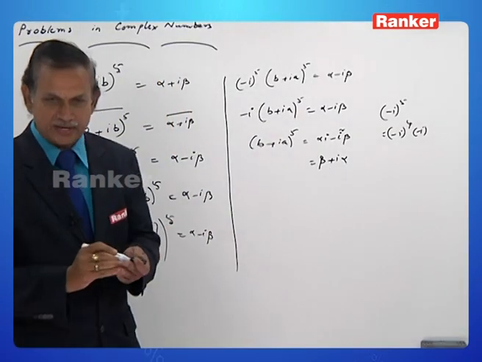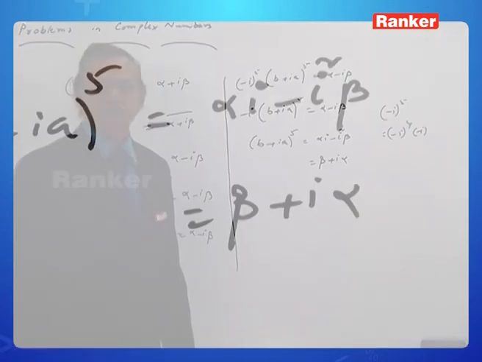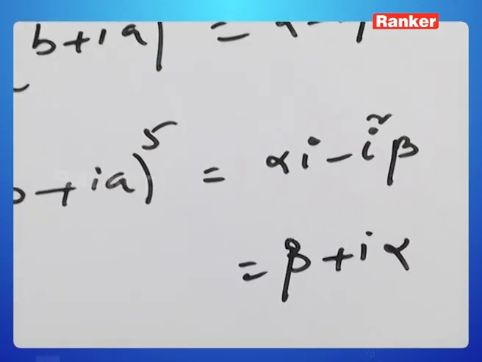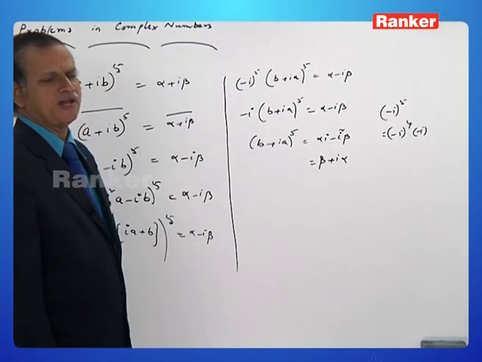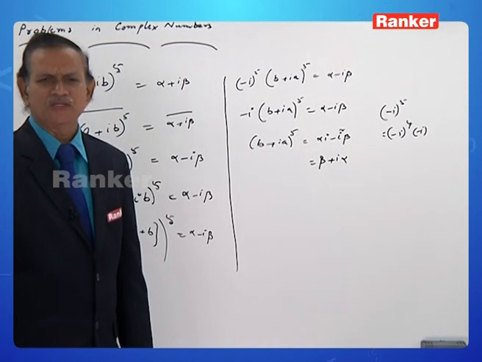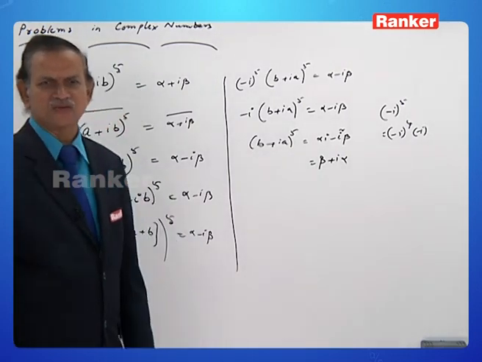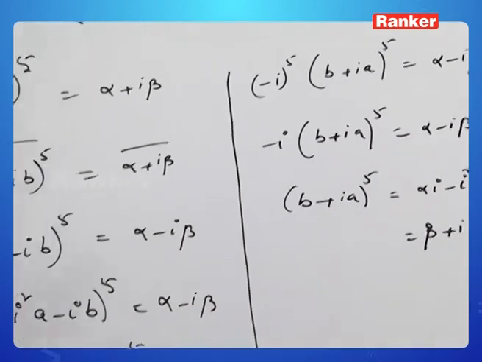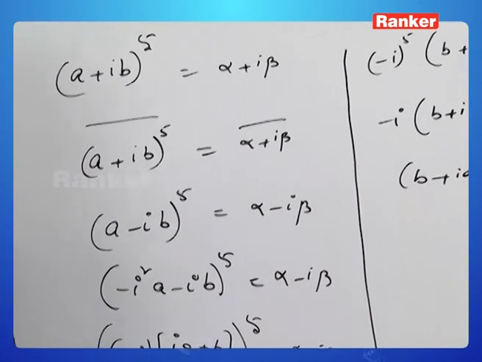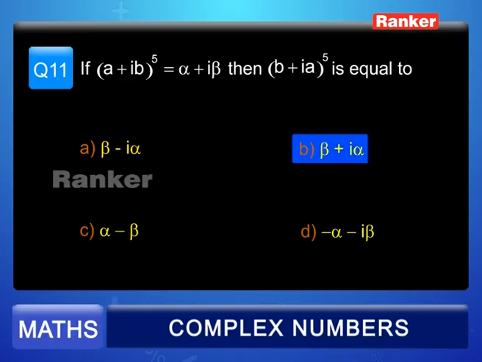Hence, the required answer is available in option B. That is, β + iα is the correct option for this question. So it's a very simple question which has been answered by just taking the complex conjugates on both sides of the given equation, (a + ib)^5 = α + iβ. That is the answer, option B.